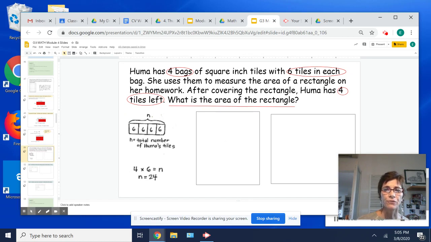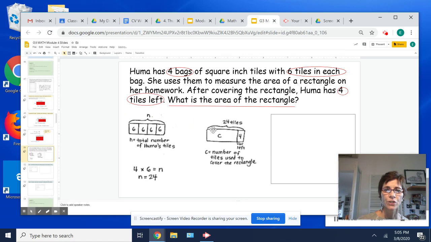Okay, if you figured out that you had to do 24 - 4. So you take away the tiles that are left. She has 24 tiles altogether. You take away the tiles that are left and you figure out C, which is the number of tiles that she used to cover the rectangle.